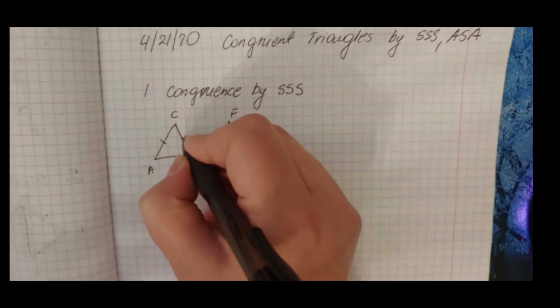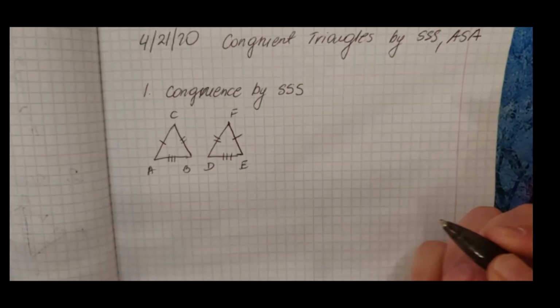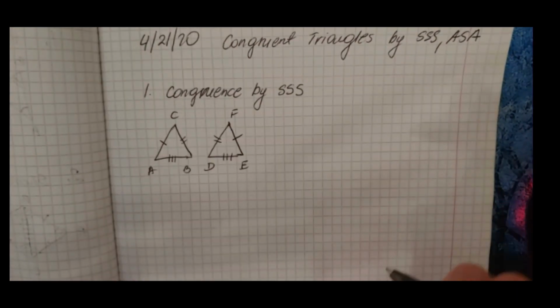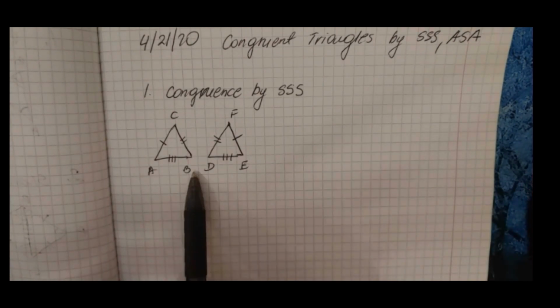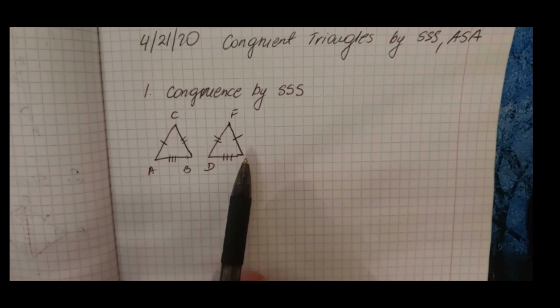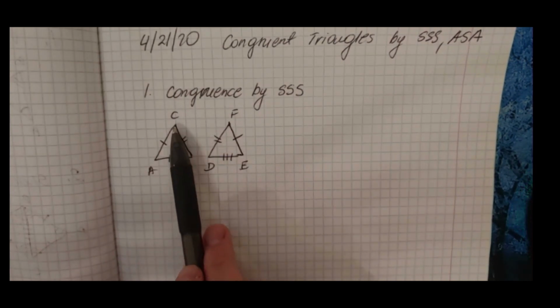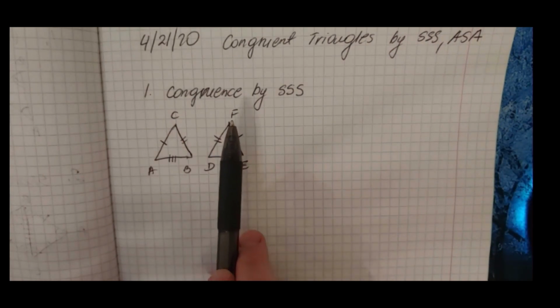So for example, they're going to give me markings on those three sides. Side AC is congruent to FE, and AB to ED, and CB to FD.